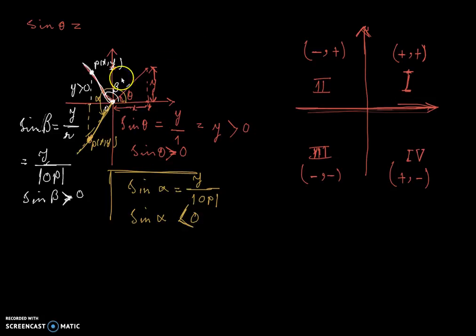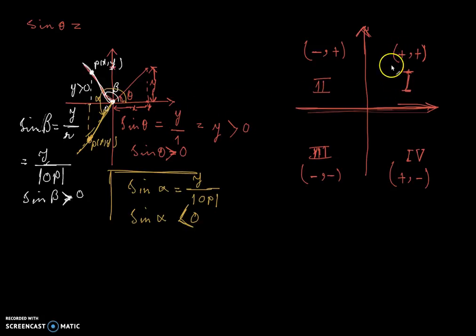So you can investigate the sign for the different trigonometric ratios around this Cartesian system. You can investigate it for sine, cos, and tan in the first, second, third, and fourth quadrant, and then you would get something like this.